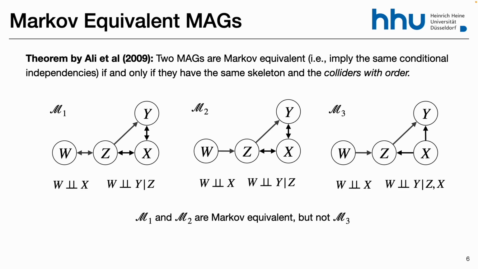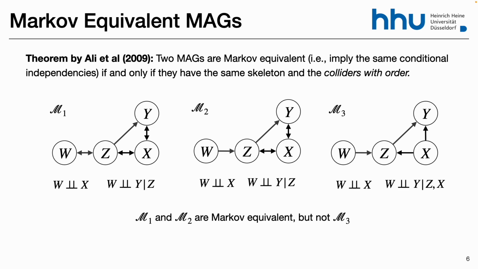So what about this? First, same skeleton as M1. Second, what are the triplets with colliders with order? They have to be the same. So W, Z, and X is a collider of order 0, yes. X is a collider in Z, X, Y, a collider of order 1. Is there any other collider with order?